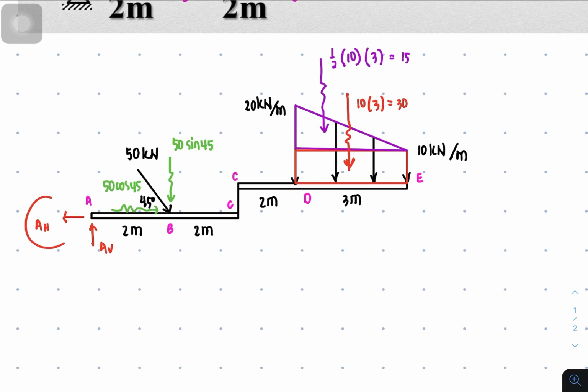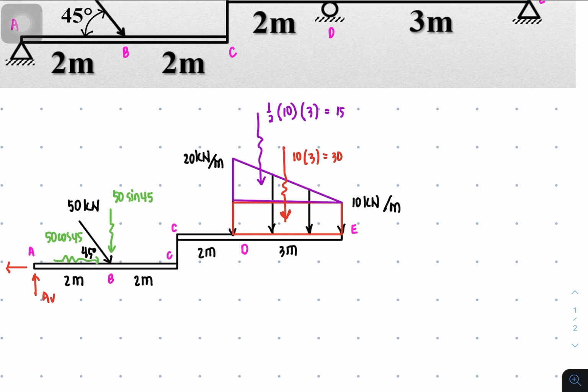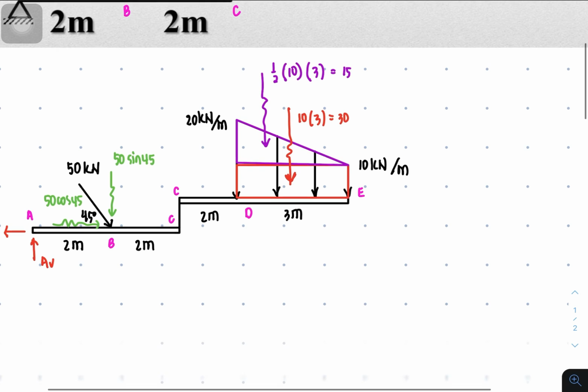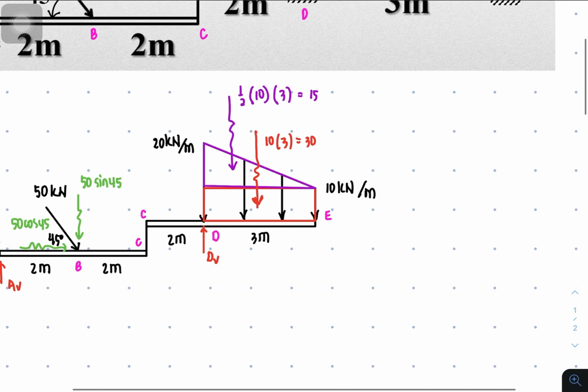I am anticipating that it's going to be counteracted by AH. At point D there is a roller, so I'll have here a roller, so this is D vertical. And then at point E there is another hinge, so it's going to be E vertical and E horizontal. This is just my assumption.